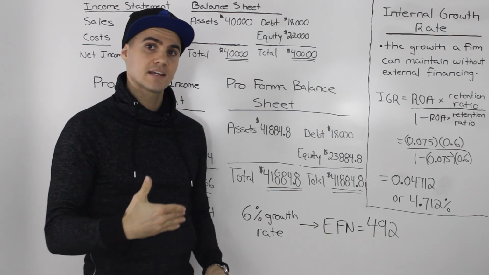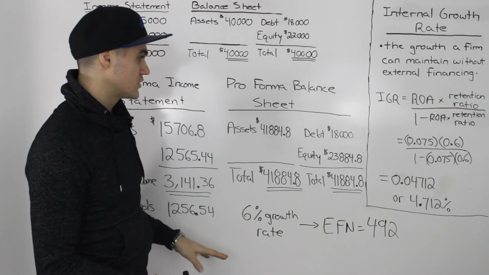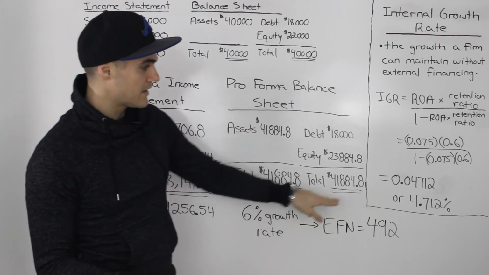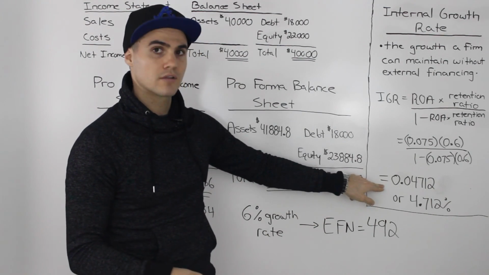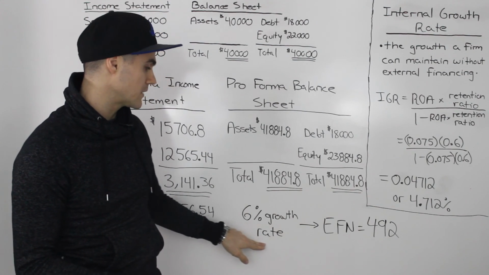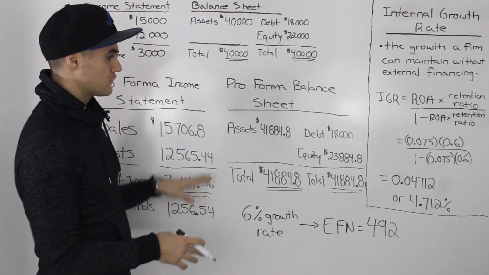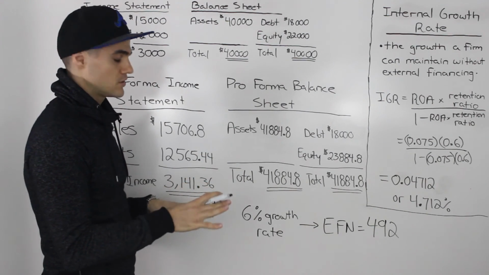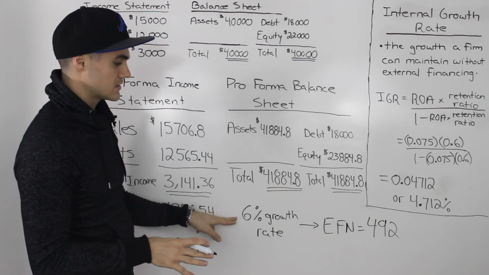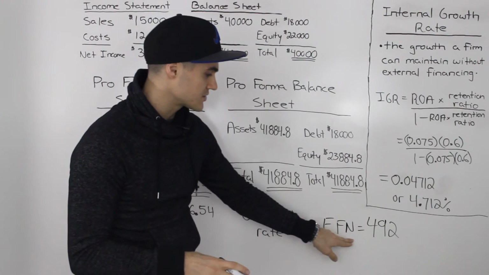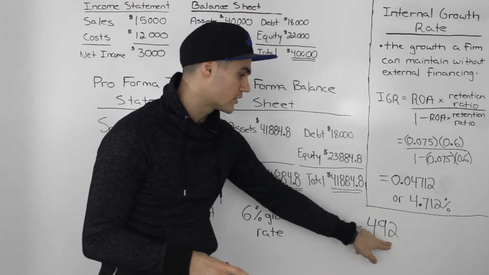And if you want to take it even a step further, what you can do is you can redo this whole process and pick a rate that's a little bit greater than this. So let's say that we grew everything by 6%, or we just grew the sales by 6%. If you do that whole process, I'm not going to do it, you can do it yourself just for practice, you would end up getting an external financing needed of 492.